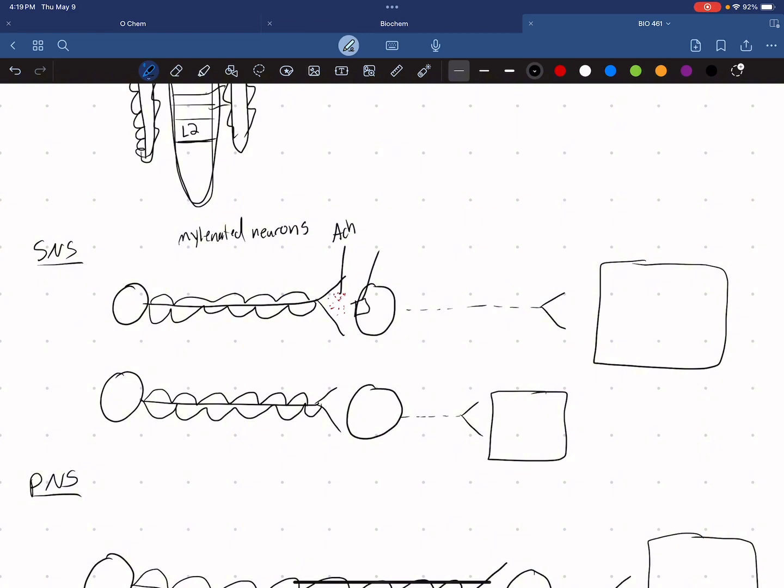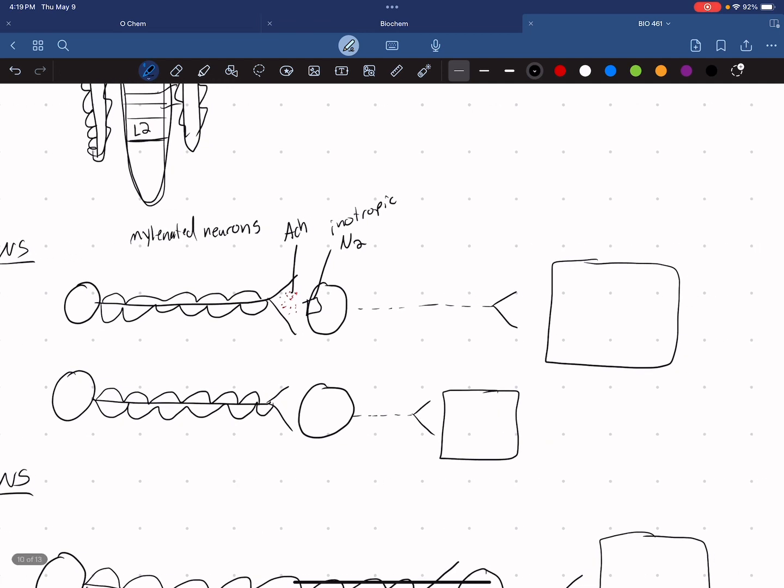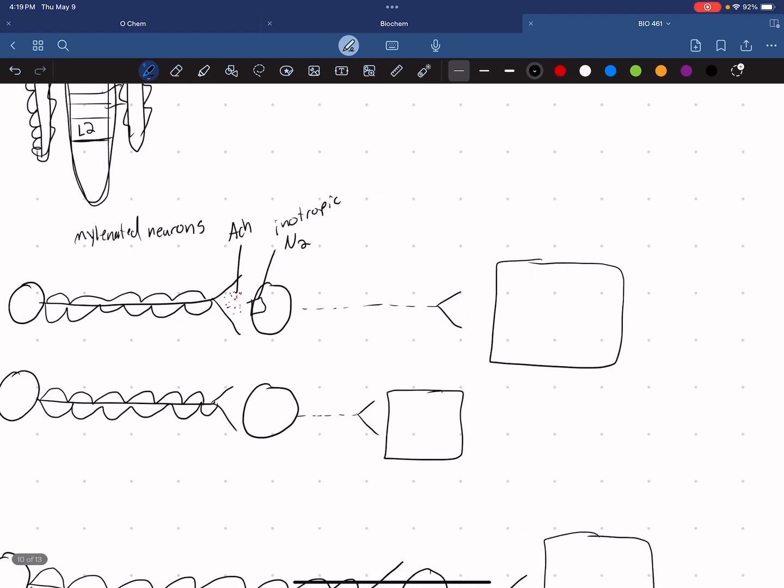This receptor is an inotropic receptor that is N2. And so what happens when N2 is activated, that will open up the sodium-gated channels, which will cause depolarization and an action potential.